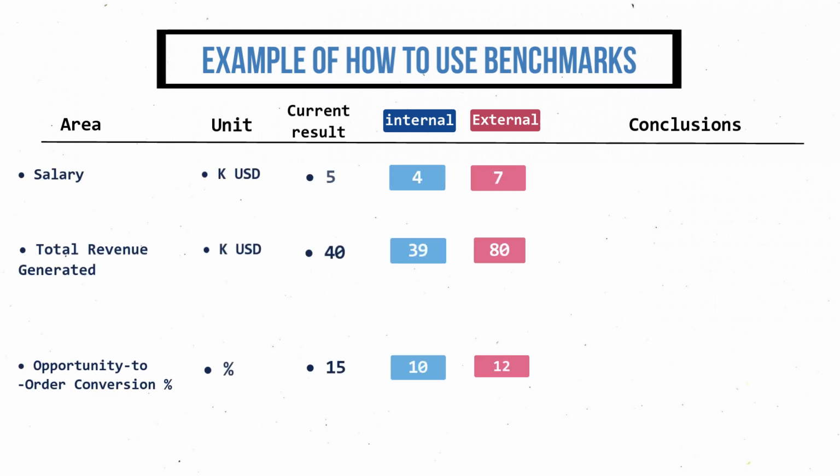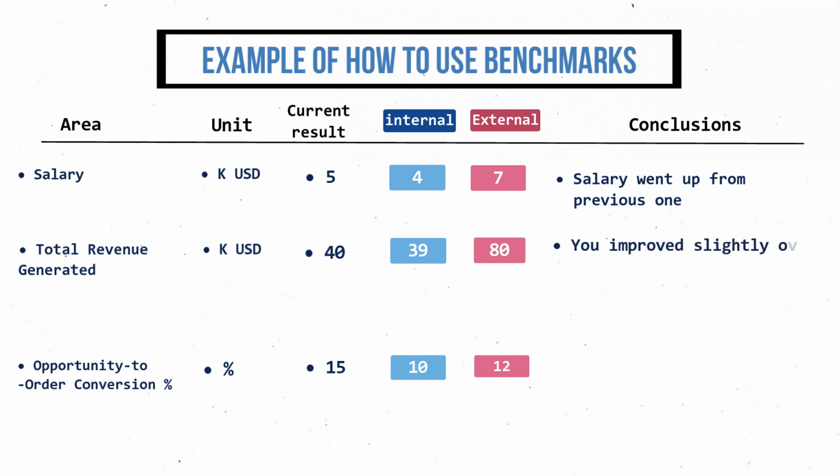As you can see, your salary went up from the previous one. Still, it is below the external benchmark. So it means that you are earning below the market, and actually you should probably go and ask for a raise.